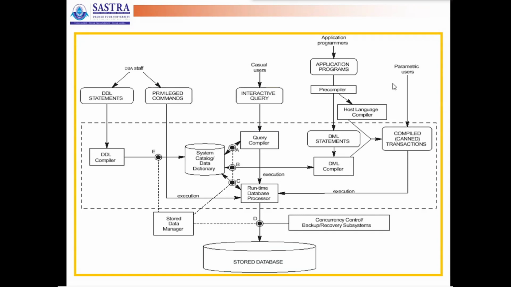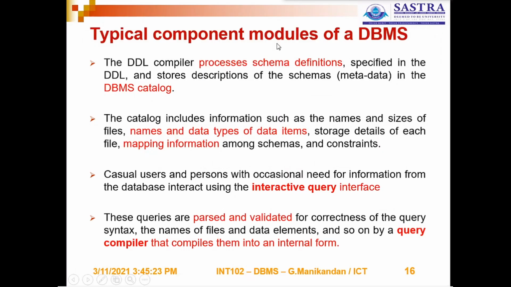Whereas casual users occasionally interact with the database. They want to extract some data or infer some data from the database. For interacting with the database, they are going to use an interactive query interface.